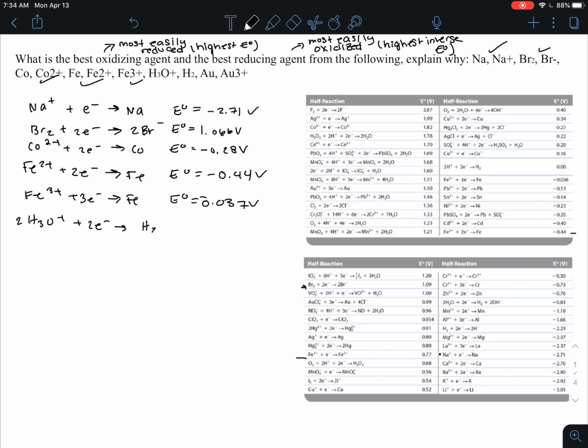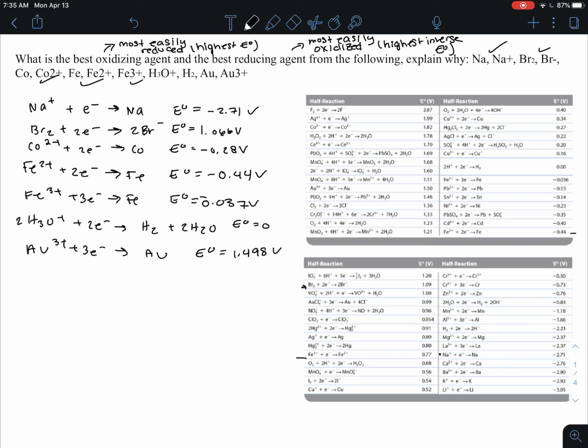It would be given to you, and the hydronium reaction is 2 H3O+ plus 2 electrons makes hydrogen and water, and that's actually 0. And then our last one is gold, which is 1.498 volts. Okay, so you're looking at your cell potentials.